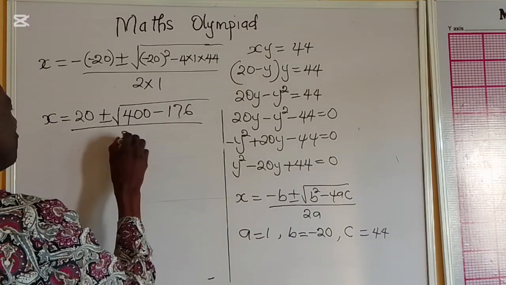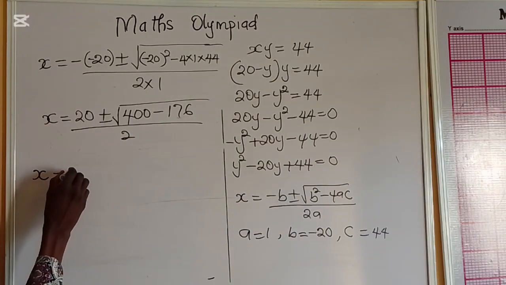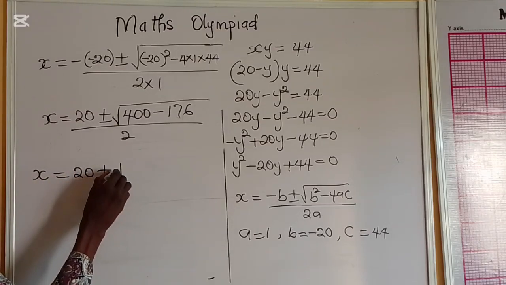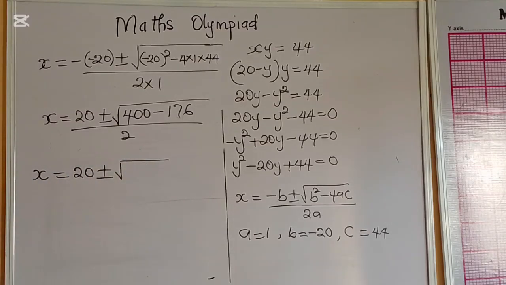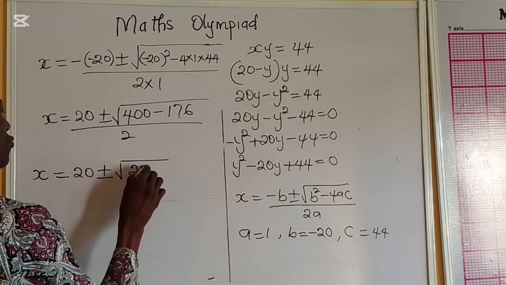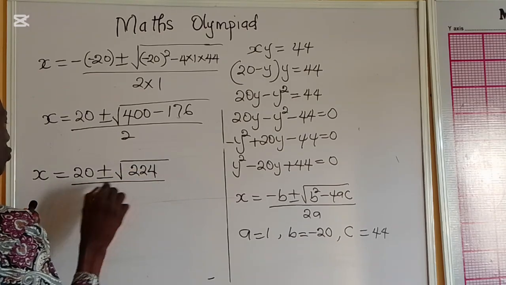All over 2. Now, here will be x is equal to 20 plus or minus the square root of 400 minus 176, which gives us 224, all over 2.